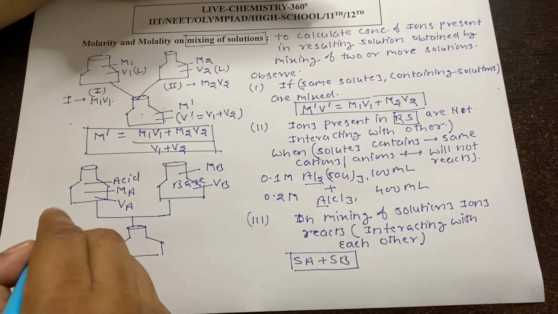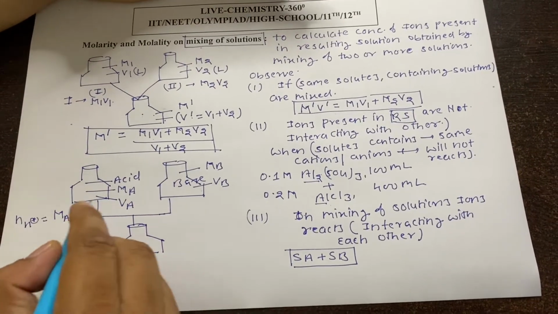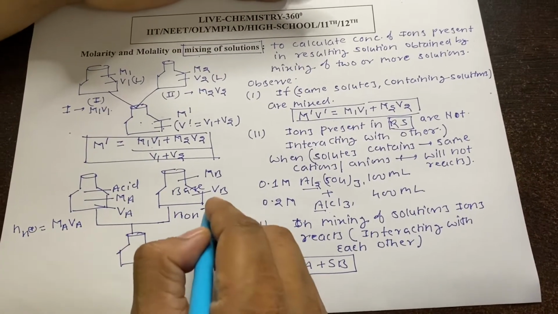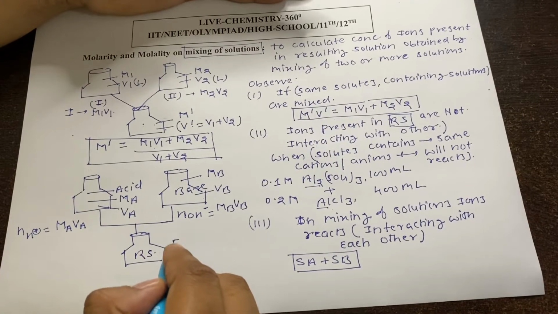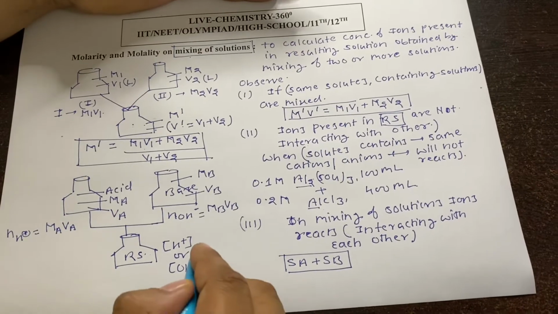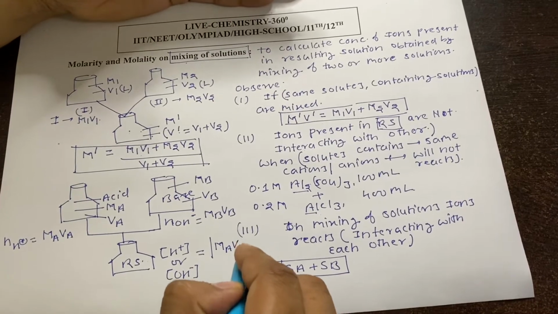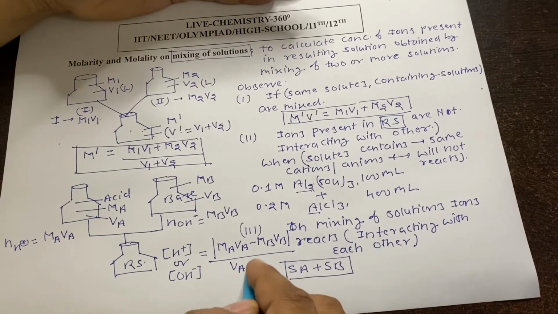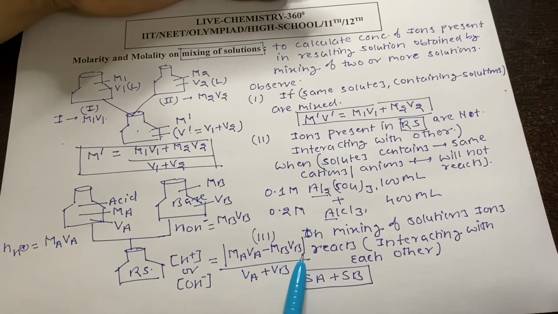So the moles of H plus coming from acid is MaVa, and moles of OH minus coming from base will be MbVb. The resulting solution will contain either H plus or OH minus. The concentration of H plus or OH minus can be calculated as modulus of MaVa minus MbVb divided by Va plus Vb. We have subtracted because some part of the H plus or OH minus ions will neutralize each other.